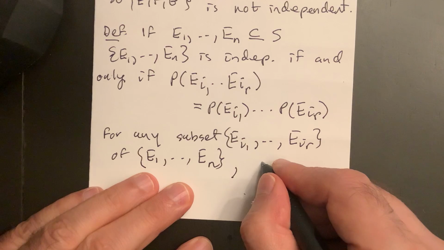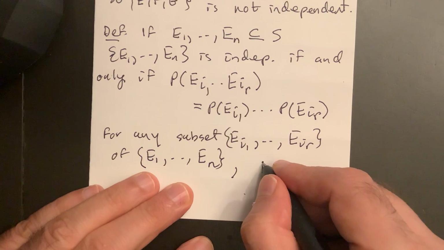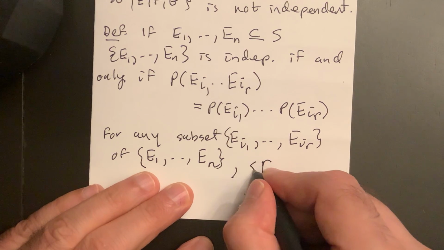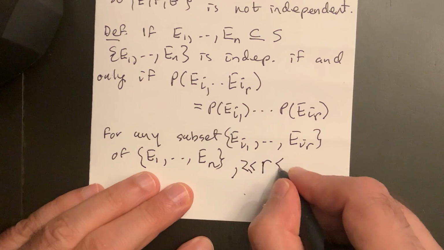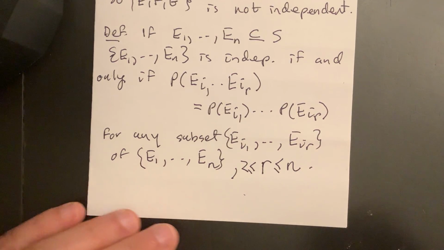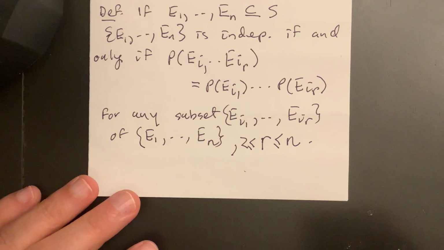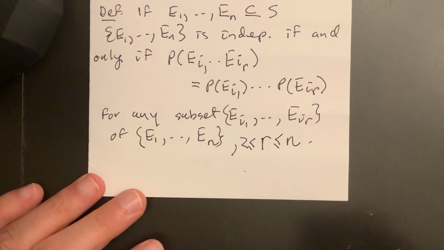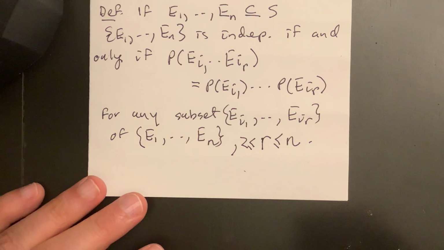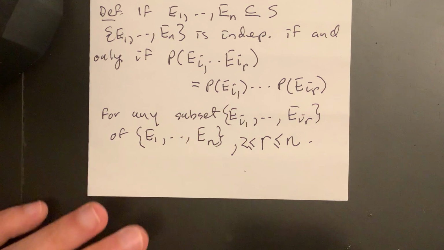So we would say r can go from 2 to n here. Okay. Well, we had to get those technicalities out of the way. And we'll see you on the other side.